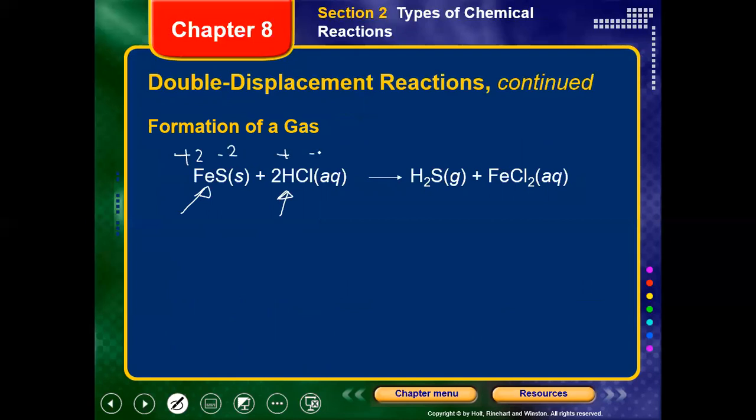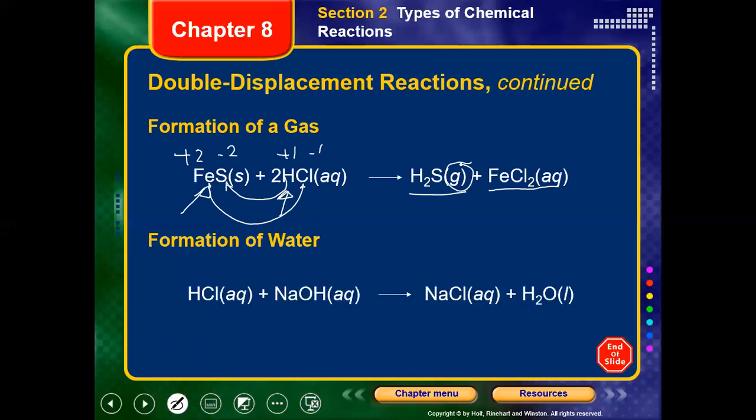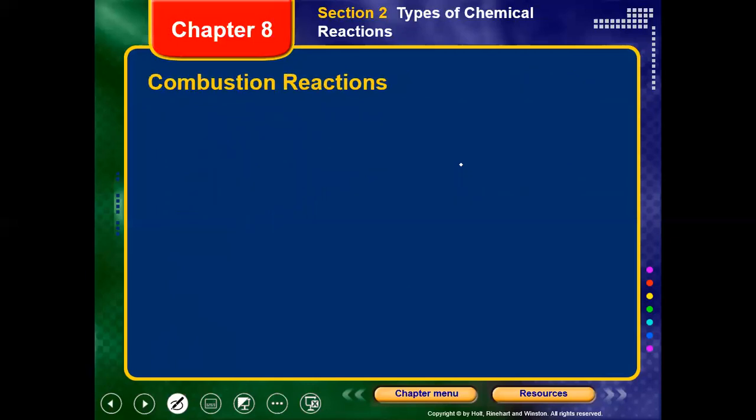The positive ion bonds with the negative ion from the second compound, and the positive ion from the second compound bonds with the negative ion from the first compound, forming H2 as gas and FeCl2 aqueous solution. This is gas, okay? Don't forget to balance.